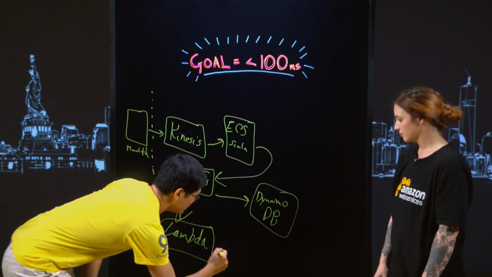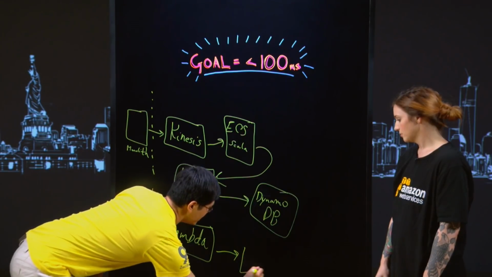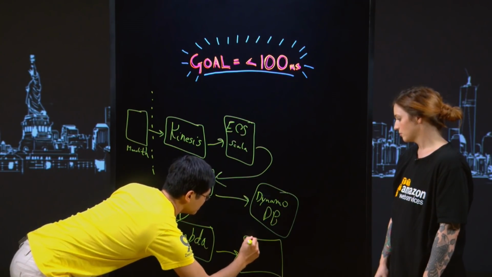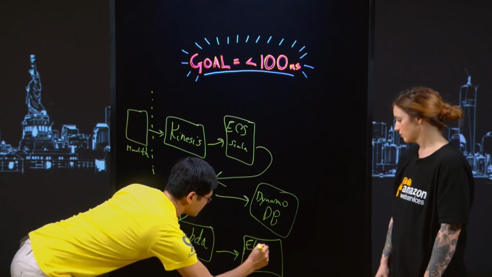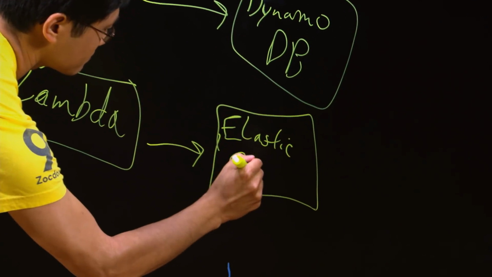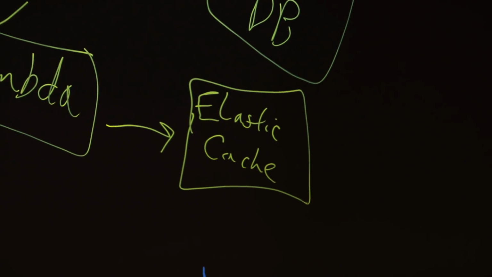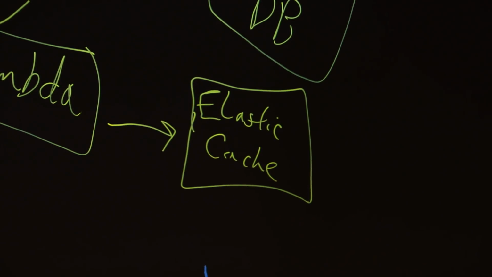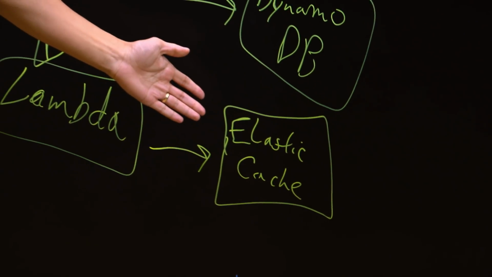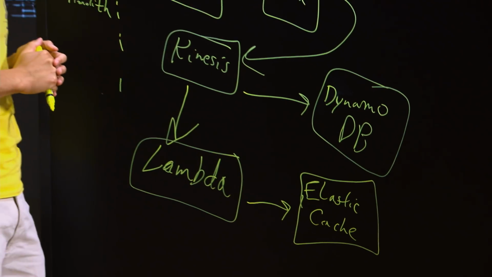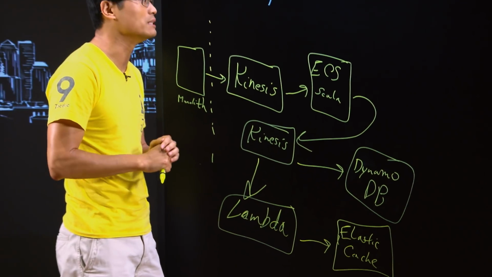And the projections that feed off of it are in ElastiCache. So now, when we're talking about the 100 milliseconds read access, that ElastiCache is able to actually provide 50 milliseconds to us for all the projections and views that we need.